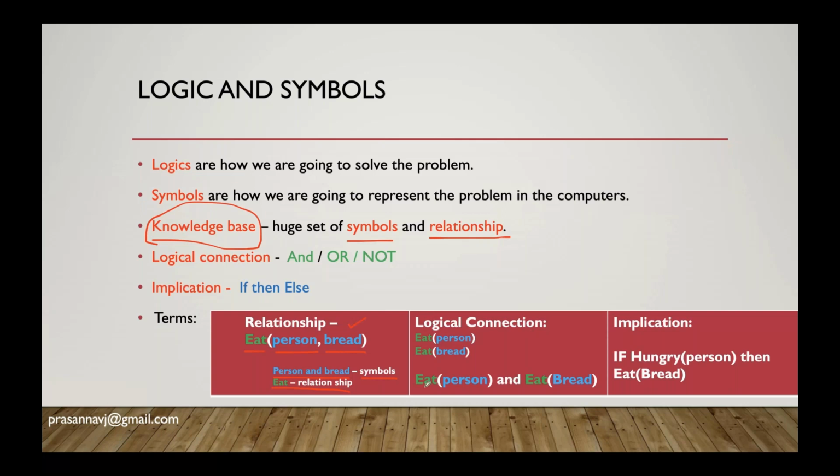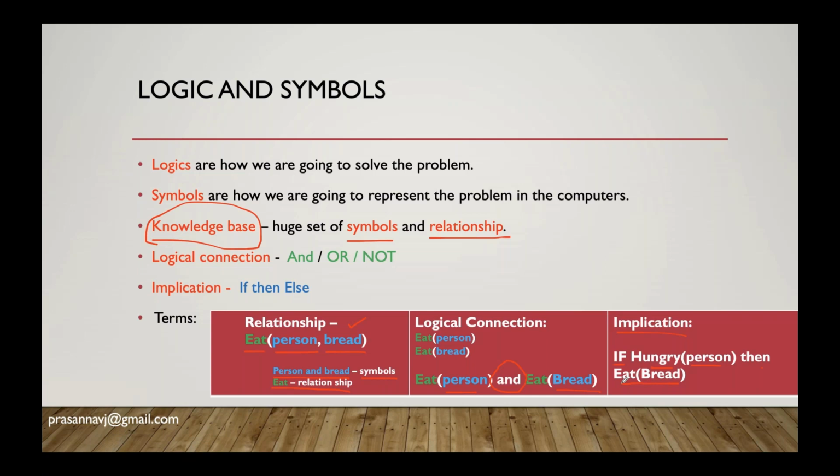A person eats a bread, you can represent them using an and or logical connector. There is an implication: if a person is hungry, then he eats bread. This is an implication that you are representing here. So this is how typically a symbolic AI theoretical representation happens.